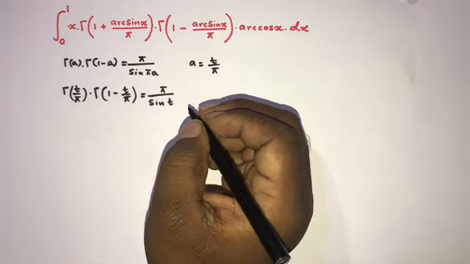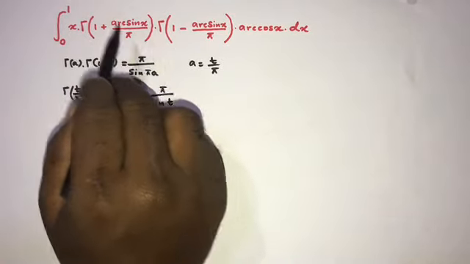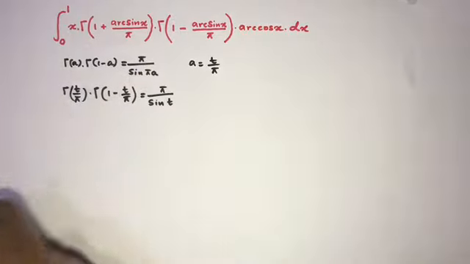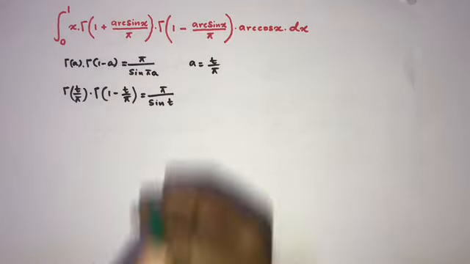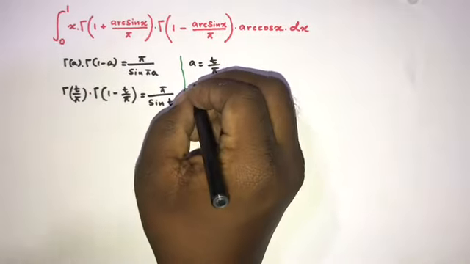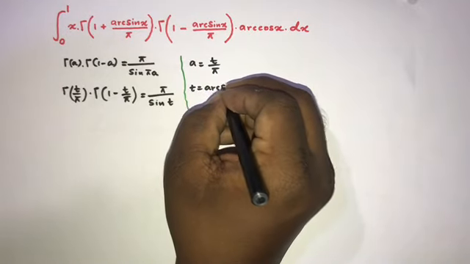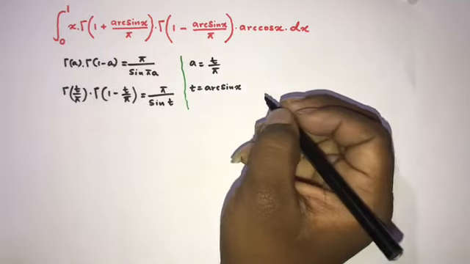Now in our question we have arc sine of x, so again I am going to take a substitution: T is equal to arc sine of x.